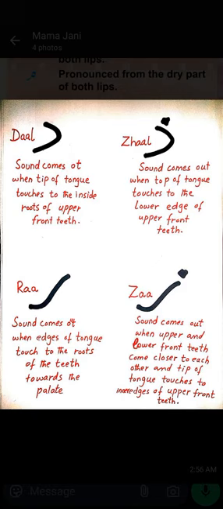And then is za. This is also a soft sound, and it starts like a whistle-like sound, like z, z. This is a characteristic of this letter za.